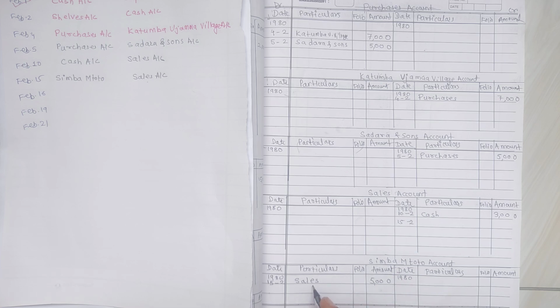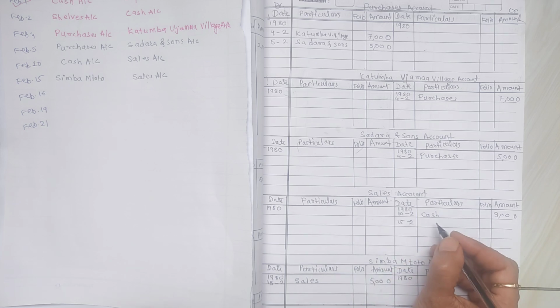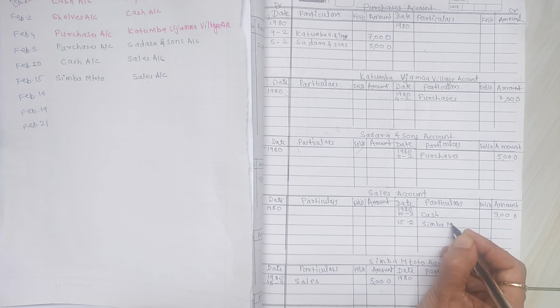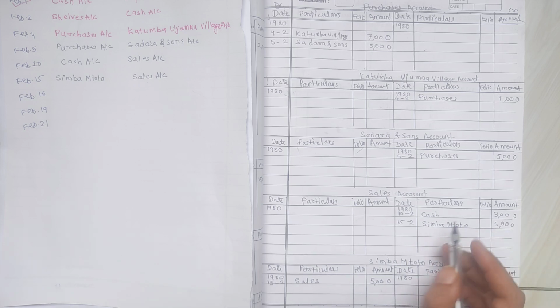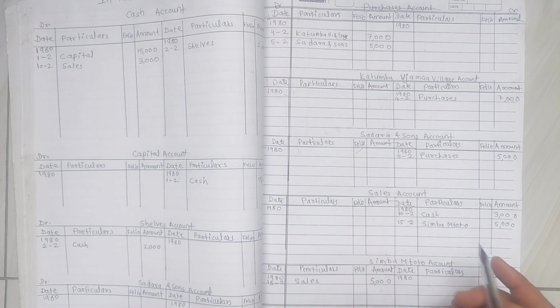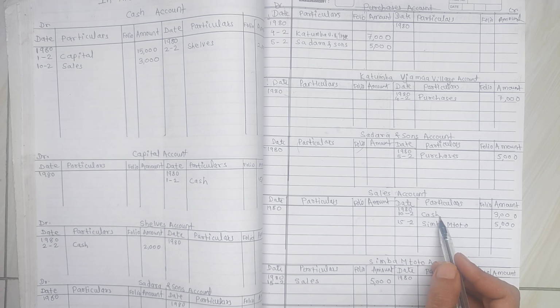In Simba Matoto we are writing sales, so it is the opposite effect: here you are giving debit, and there is a credit effect in sales. So see students, in the sales account credit side, when there was a cash sale, we wrote cash. When there is a credit sale, we have written the name of the debtor.